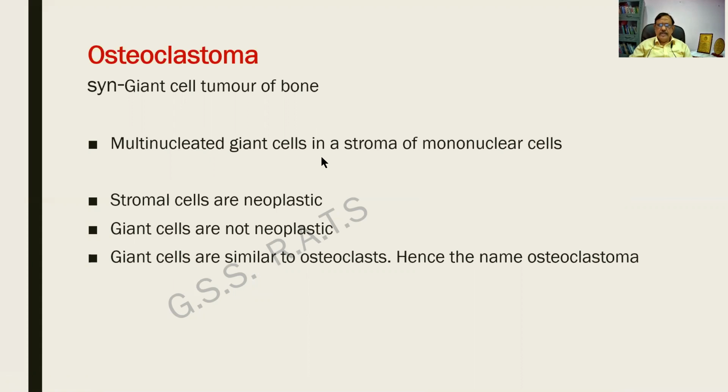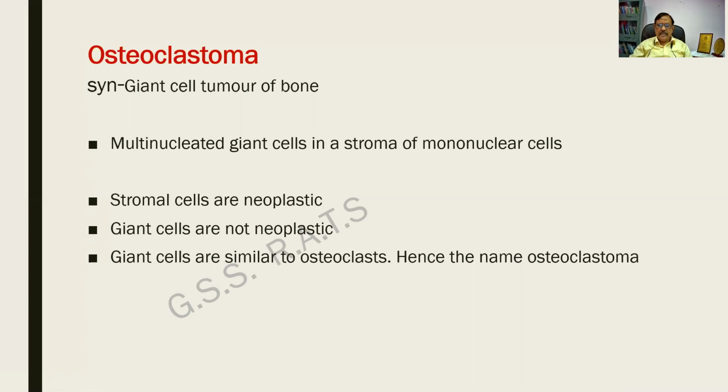The diagnosis is osteoclastoma. Another synonym for this is giant cell tumor of the bone. Either of it can be asked and you people should be familiar. Multinucleated giant cells are seen in a stroma of mononuclear cells.